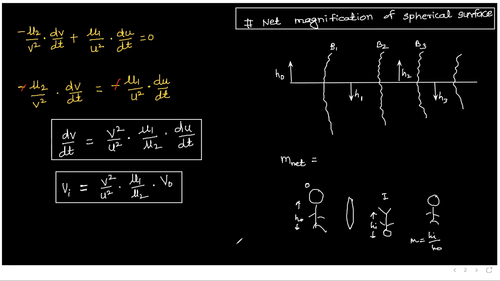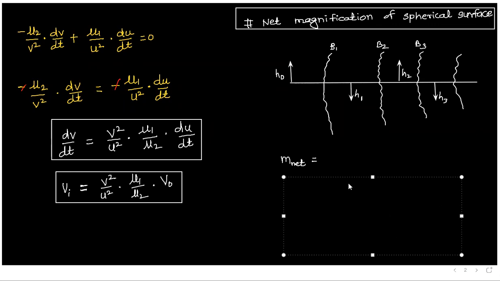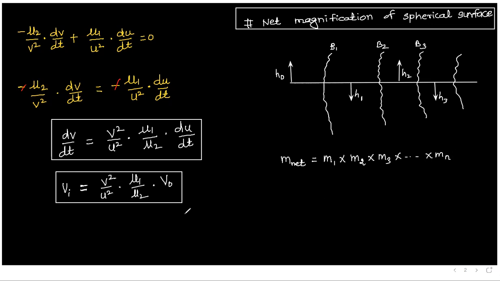This you know already. So like that here also, when I am finding net magnification, what I should do in such types of cases, just multiply all magnifications m1, m2, m3, and so on up to mn. Just multiply to get the net magnification.